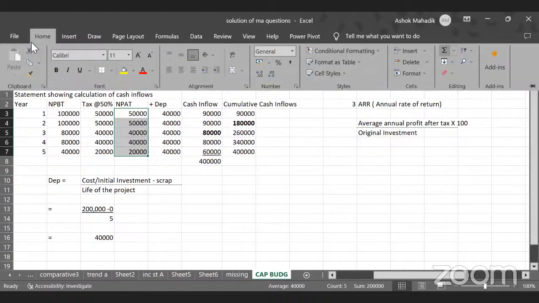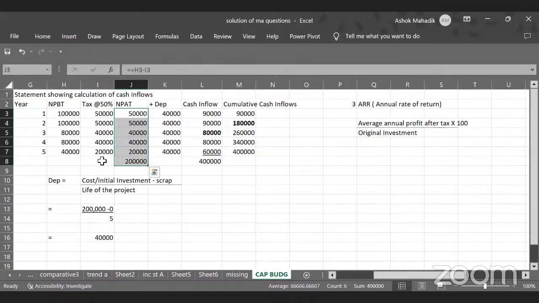So first, we'll take the total. So total PAT is ₹2 lakh. Okay, so I'll make a note here.